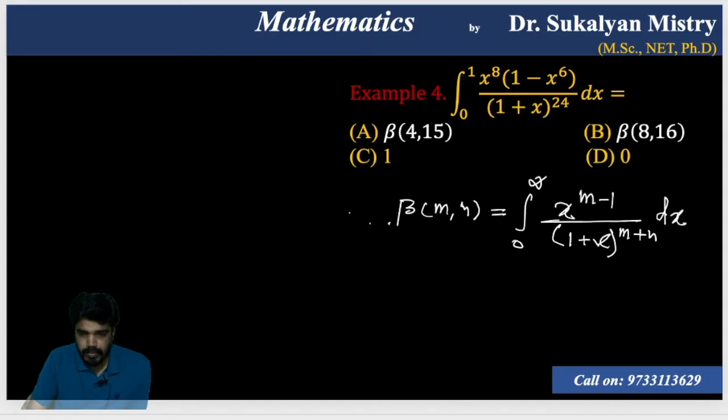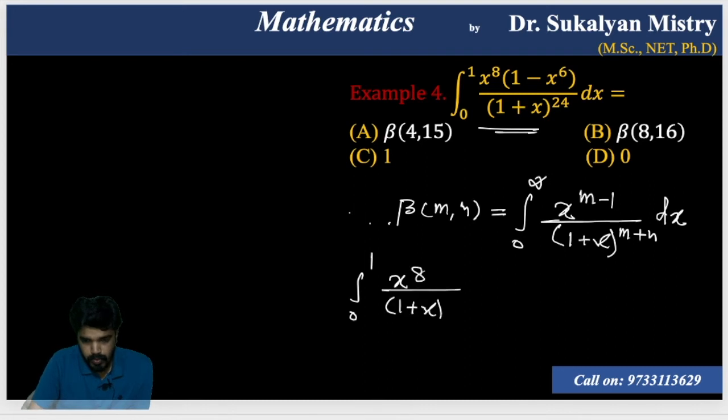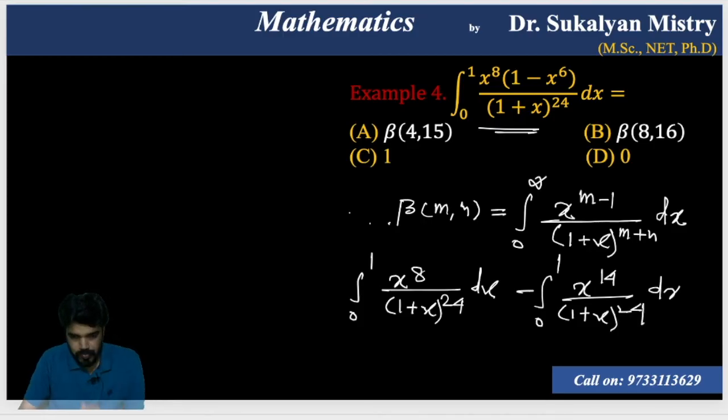Here this integration can be written as integration 0 to 1 x to the power 8 divided by 1 plus x to the power 24 dx minus integration 0 to 1 x to the power 8 into x to the power 6, that is x to the power 14, divided by 1 plus x to the power 24 dx. Okay. So, x to the power m minus 1 divided by 1 plus x to the power m plus n.